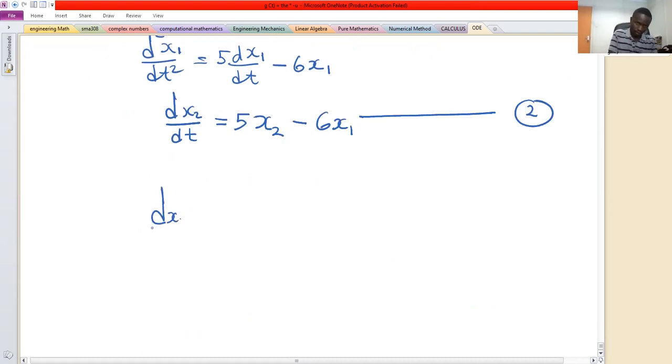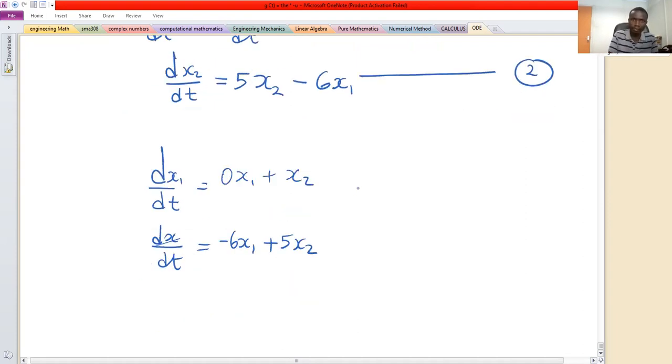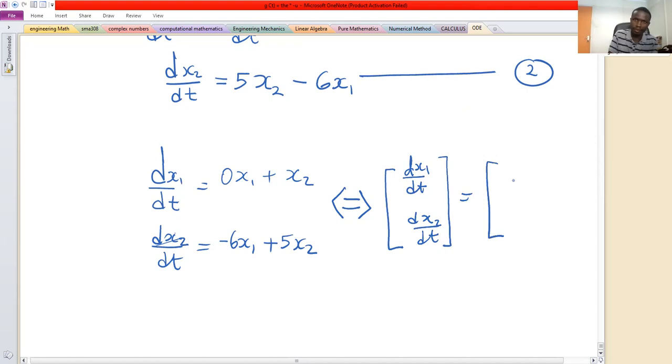So we have dx1 dt, this can be written as 0x1 plus x2, and dx2 dt, you rearrange it as minus 6x1 plus 5x2, from which we can write it in matrix form: the column dx1 dt, dx2 dt equals the matrix 0, 1, minus 6, 5 times the column x1, x2.